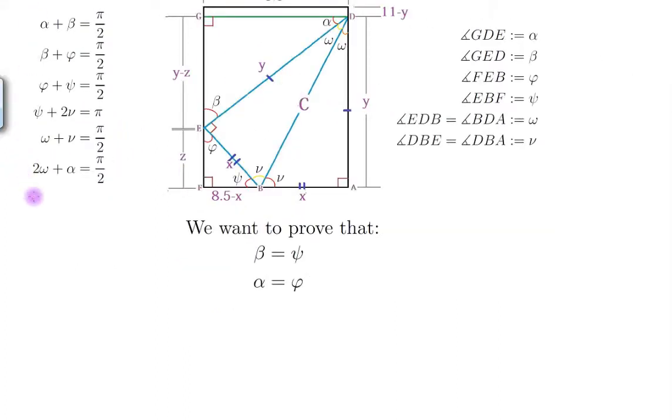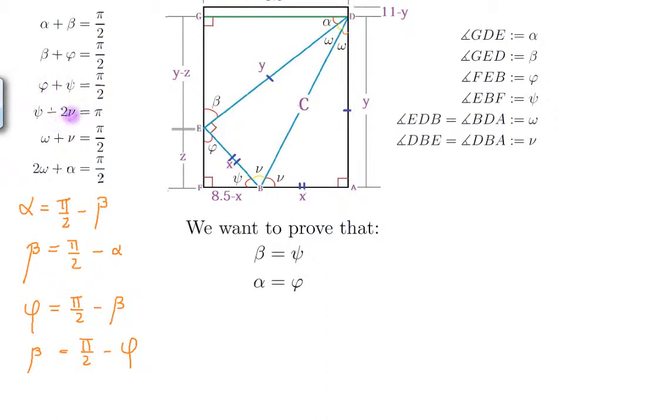So we have that alpha equals pi over 2 minus beta, and that beta equals pi over 2 minus alpha. The same thing for phi equals pi over 2 minus beta, and beta equals pi over 2 minus phi.